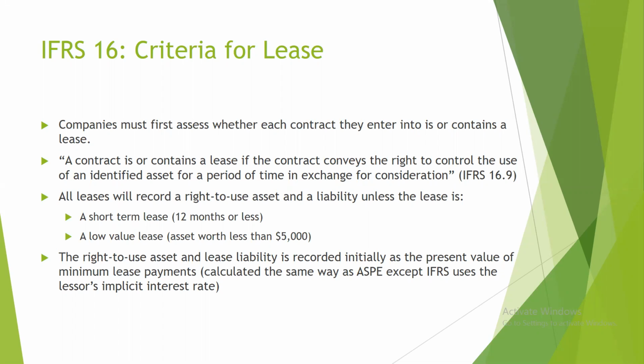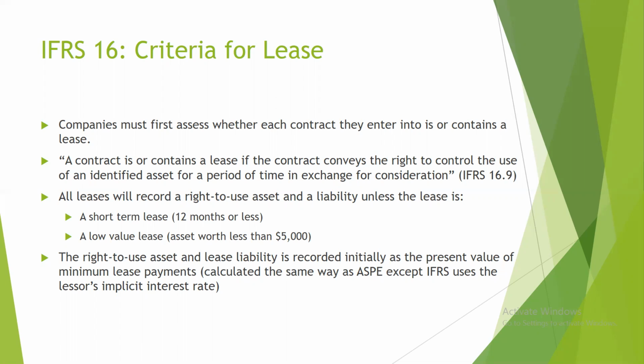But if it is a longer term lease, so more than 12 months, or the asset is worth more than $5,000, then we have to record what's called a right to use asset and a liability. The right to use asset and lease liability is recorded at the present value of the minimum lease payments.